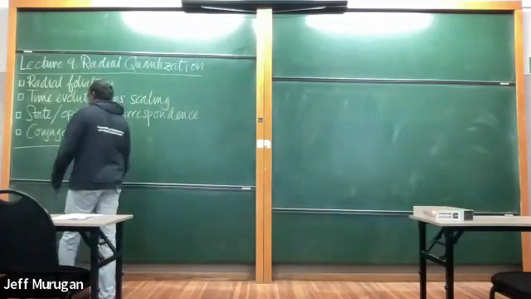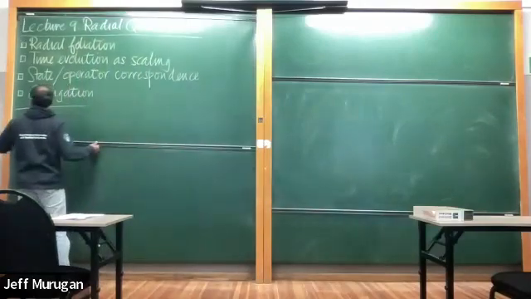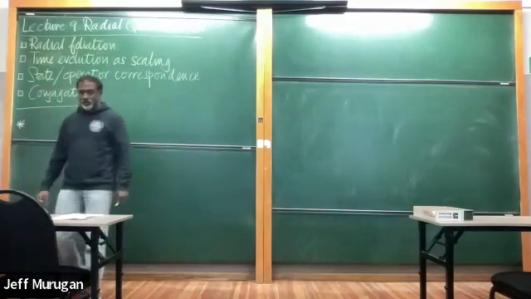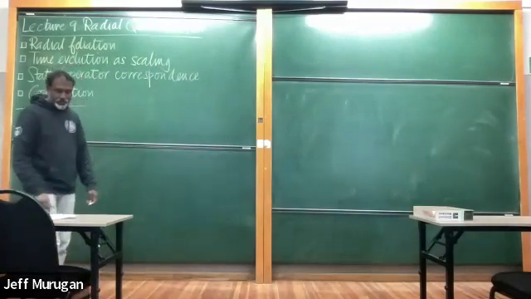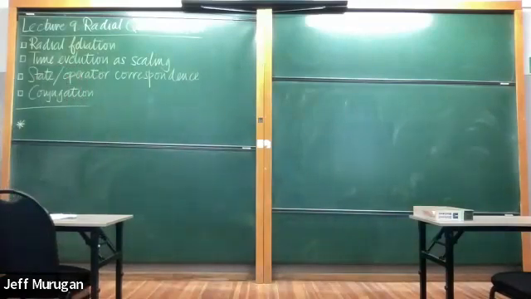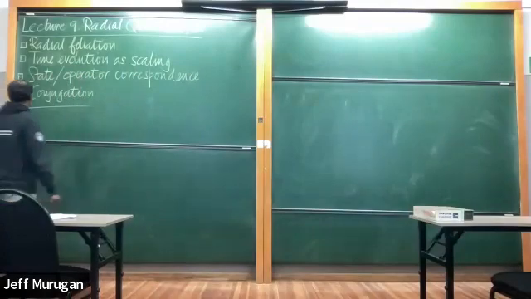So the statement here is that radial quantization is the foliation of space-time in spherical shells of constant radius.